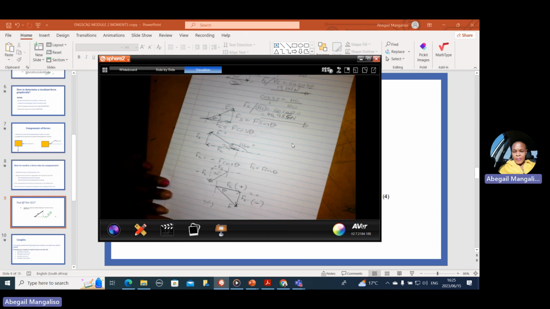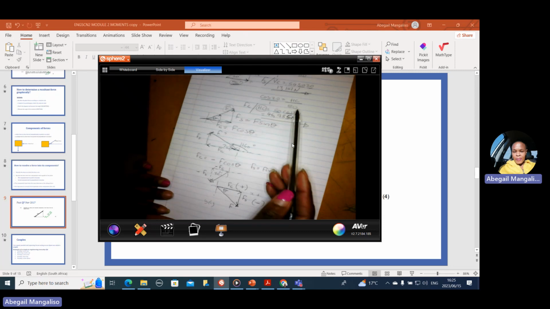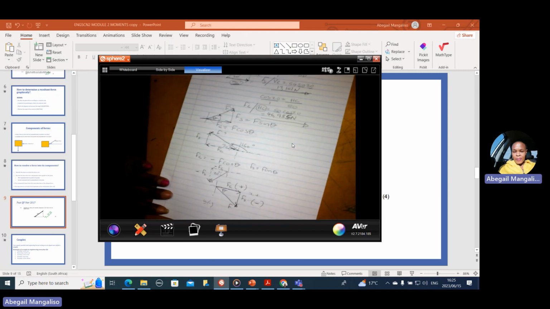Now, not all the questions will be looking for the components. In some questions, you can be given the component and asked to calculate the applied force. For example, let's look at this question paper.